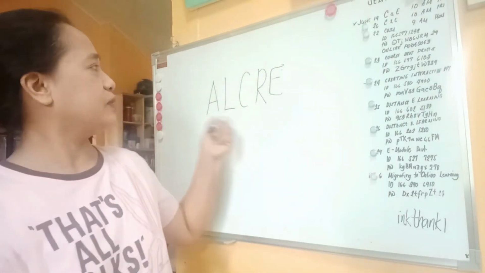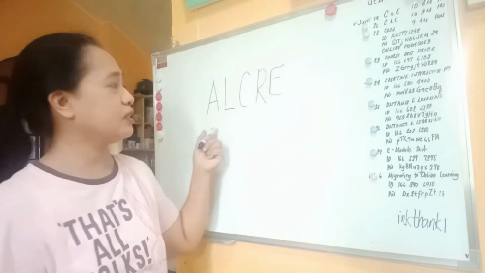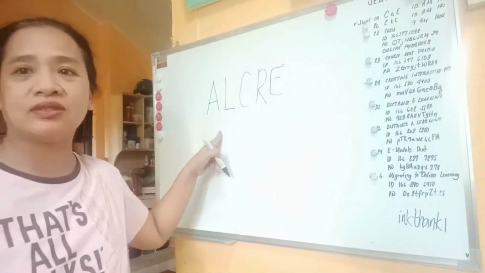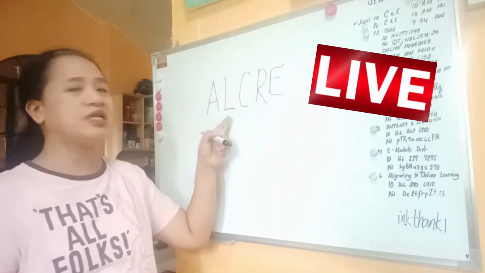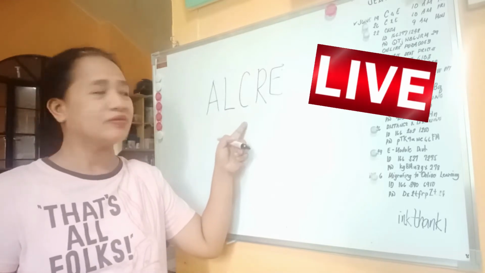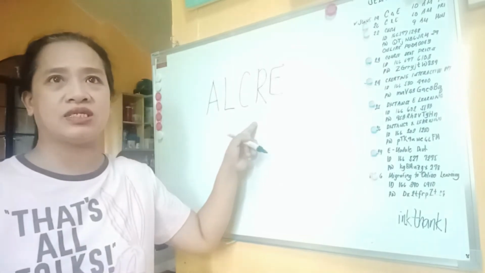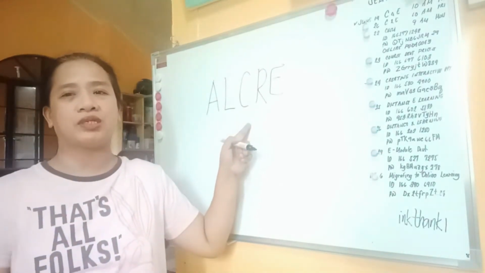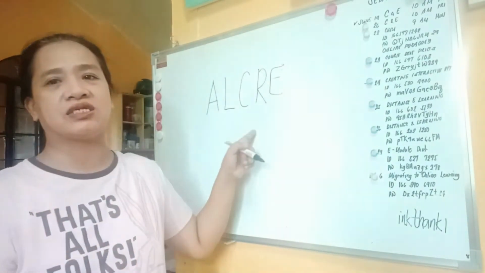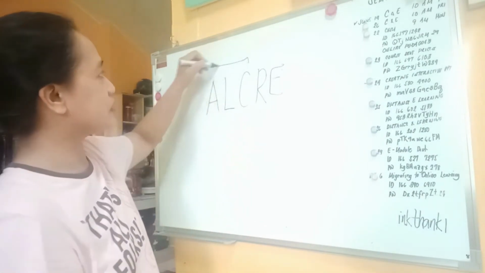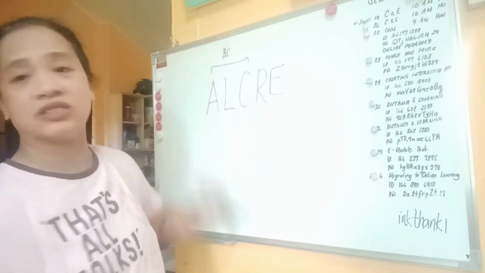Why? The first 3 accounts, which is asset, it is what we own, right? And then liabilities, it is what we owe. And then capital, it is what we invest, or it is the beginning capital if we want to start our business. So these 3 accounts are part of balance sheet.